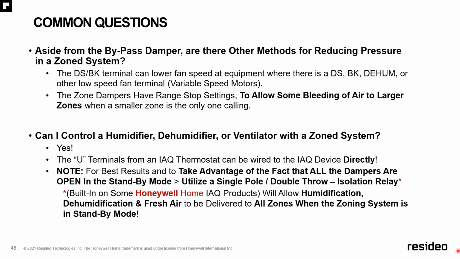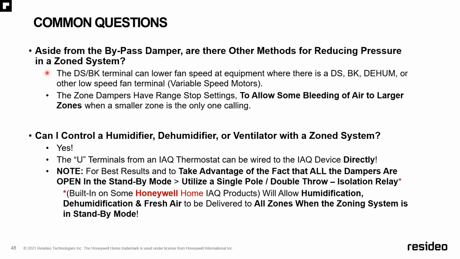Okay, so one of the questions that we often get is, other than the bypass, what are some of the ways that we can reduce the pressures, and therefore the sound, of the zone system? I know I'm plugging part 2 of this zoning training, but the DSBK terminal has 24 volts coming out of it.